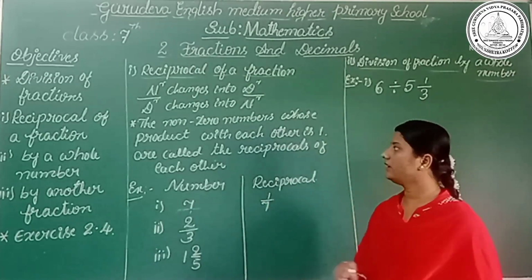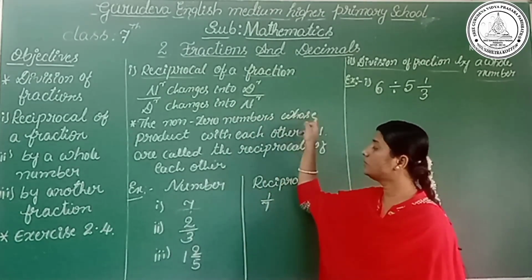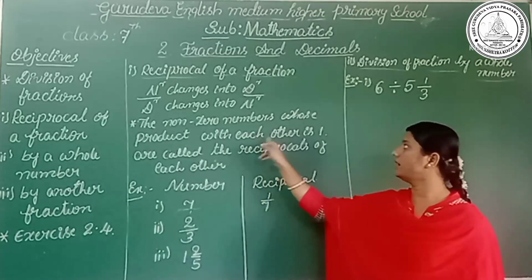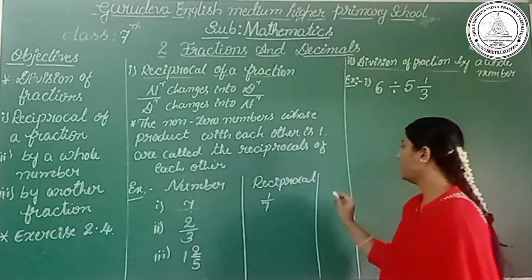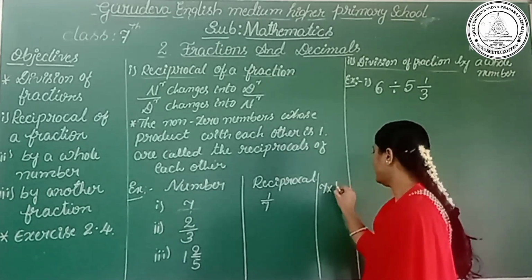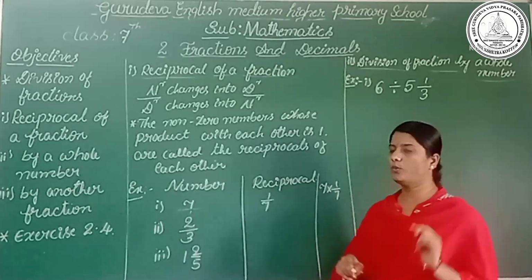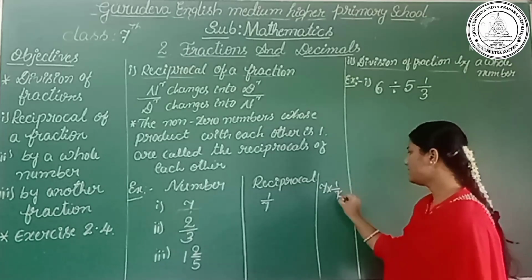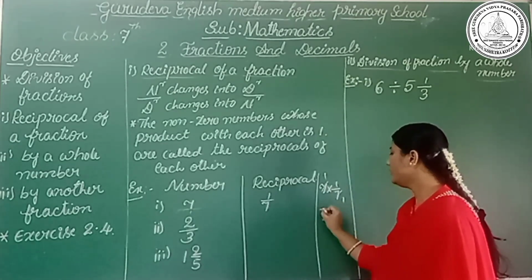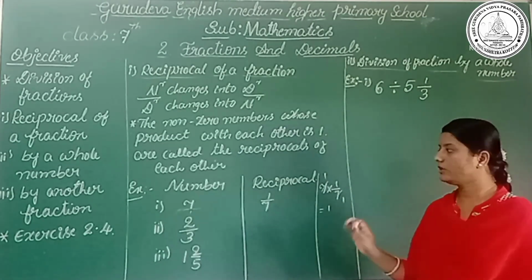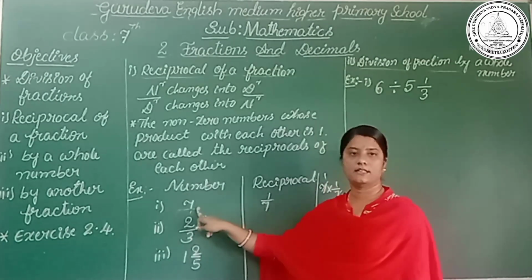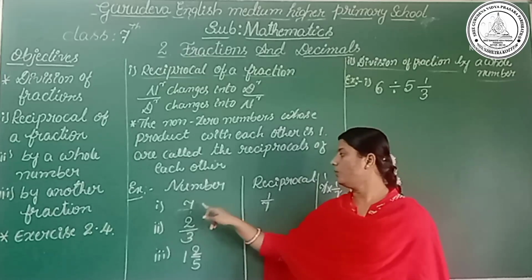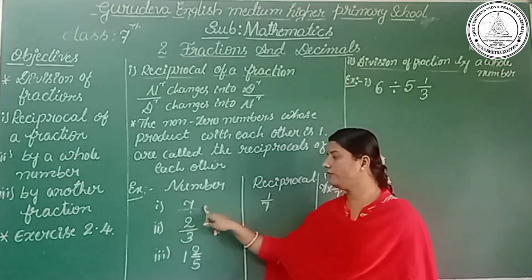I said that here the non-zero numbers whose product with each other is 1. So let's find out the product of 7 and 1 by 7 is equal to 1. 7 ones are 7, so you will get the product as 1. So 1 by 7 is the reciprocal of the number 7. Clear? 1 by 7 is the reciprocal of 7.